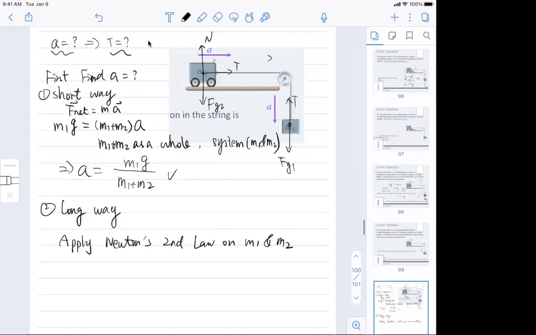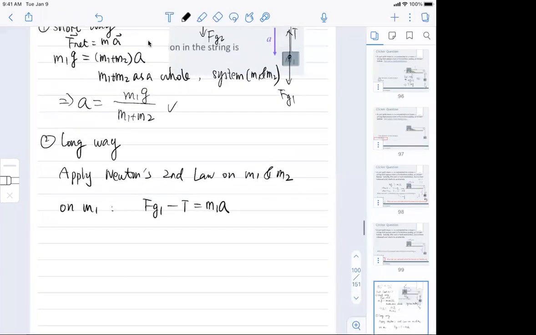Let's apply it on M1. On M1 you have two forces: gravity minus tension gives you the mass times acceleration. This is M1G minus tension equals M1A.